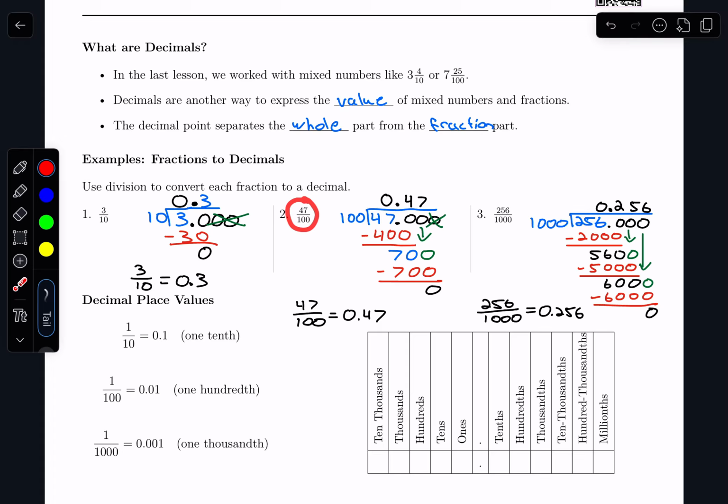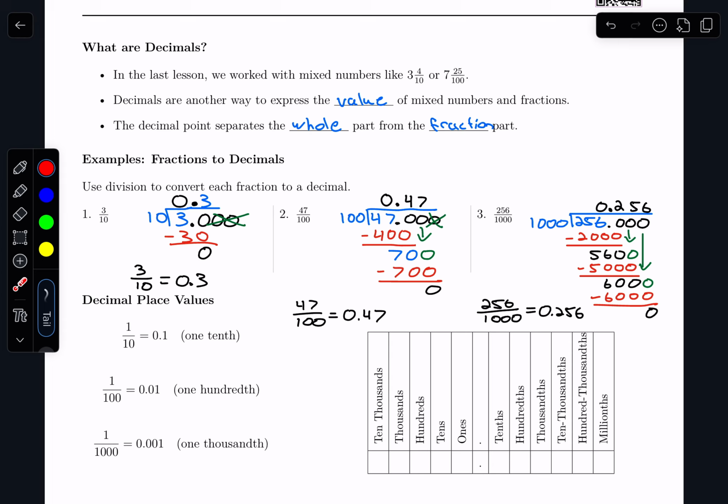When I divided 47 by 100, because 100 has 2 zeros on it, I moved the decimal place twice to the side. And so that's how I end up with 0.47. Same thing with 256 divided by 1,000. I move the decimal place 3 times, so I get 0.256.